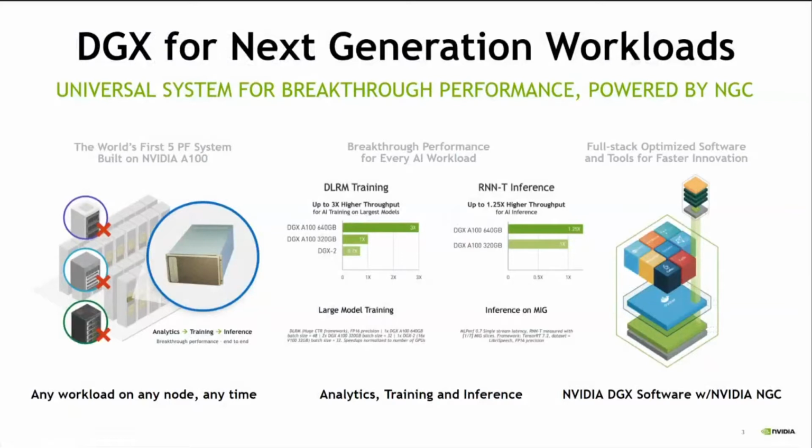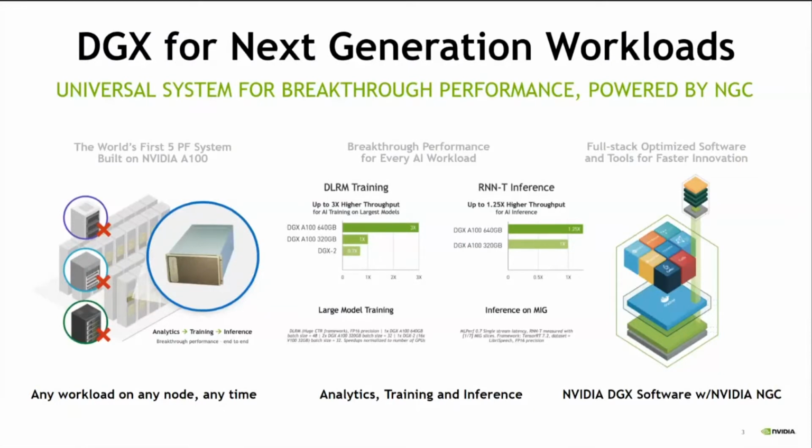Okay, so what is a DGX? DGX is our NVIDIA solution. It's a universal system that we use for AI, data science. You can incorporate it in your infrastructure, and many organizations have incorporated DGX into their data centers, from analytics to training, inference services.